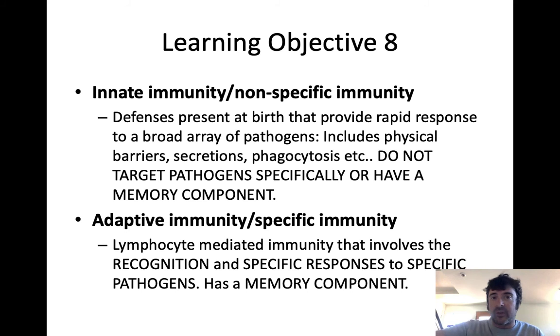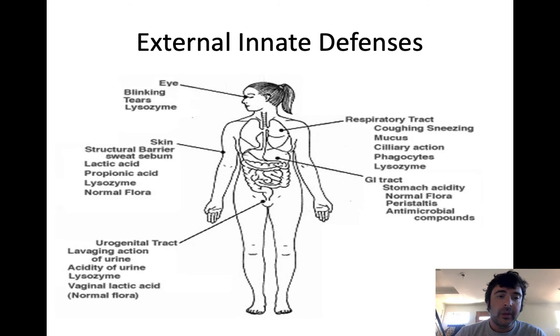It's those memory cells that will prevent you from actually getting smallpox, for example. So adaptive or specific immunity is entirely lymphocyte mediated. They recognize specific pathogens, launch specific responses, and form memories of pathogens you've had in the past.